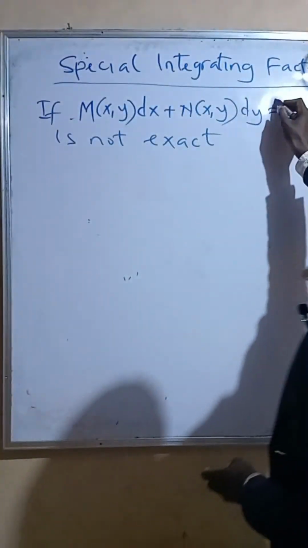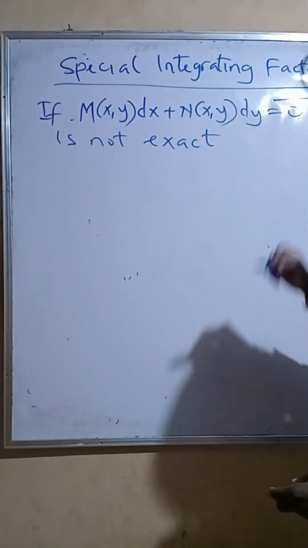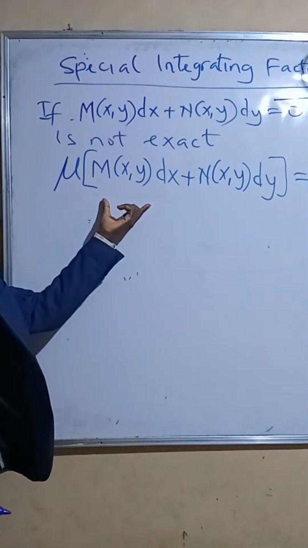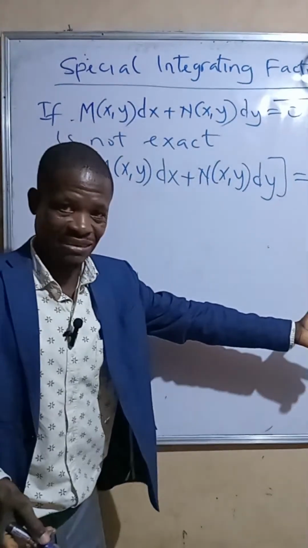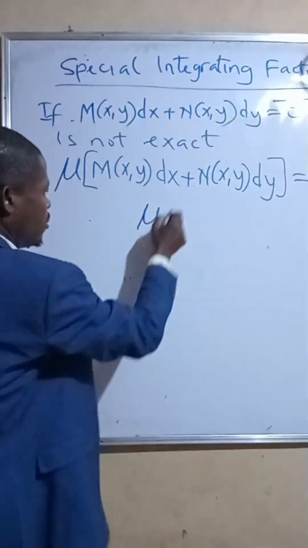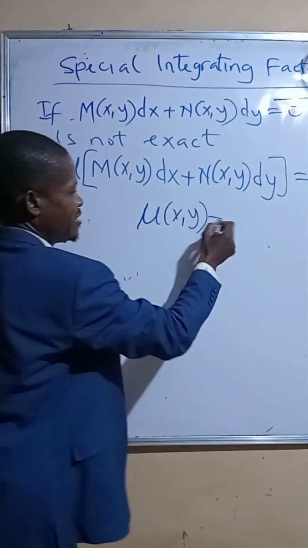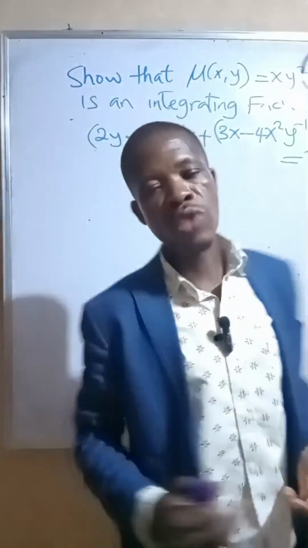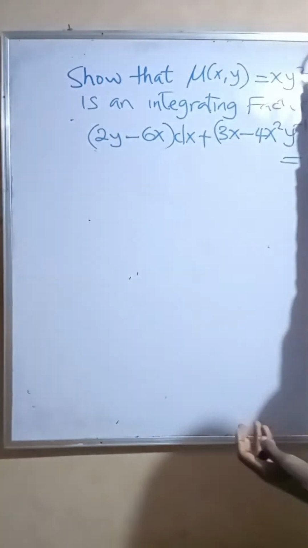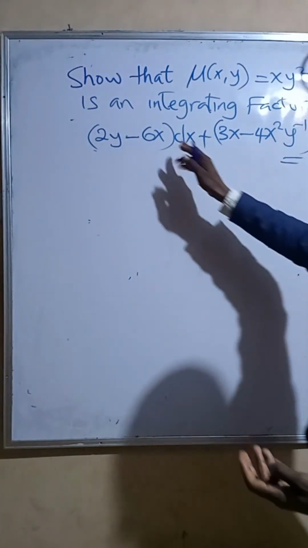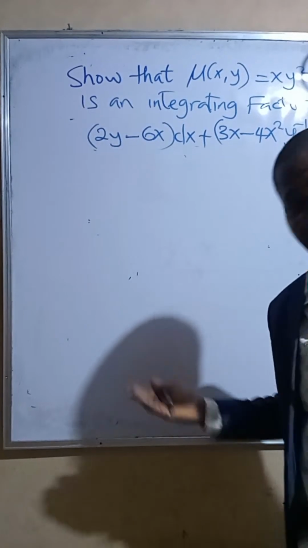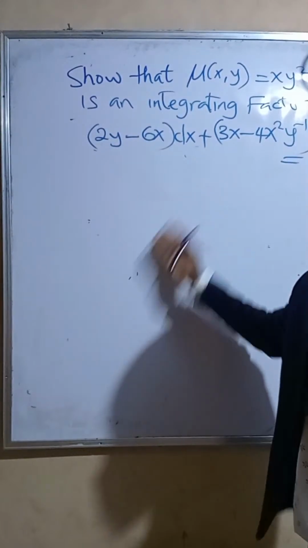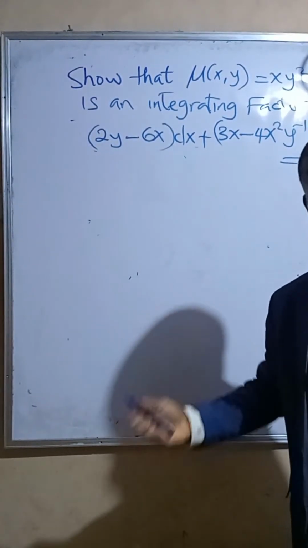Call this equation 1. Multiply your equation 1 by this symbol, mu, and the equation now becomes exact. Then this symbol is called the integrating factor. So if you are told to show that this is an integrating factor, that means this differential equation is not exact, and we need to show that it is not an exact differential.